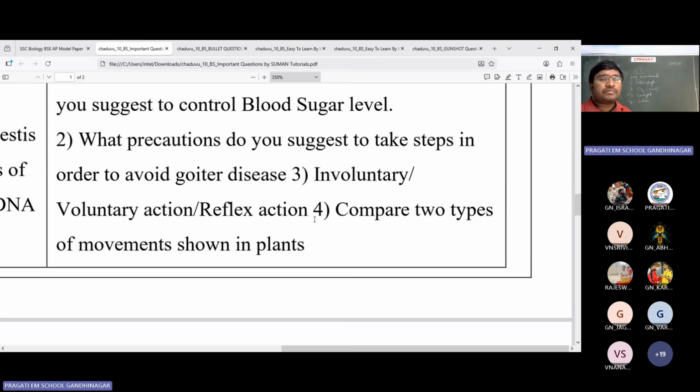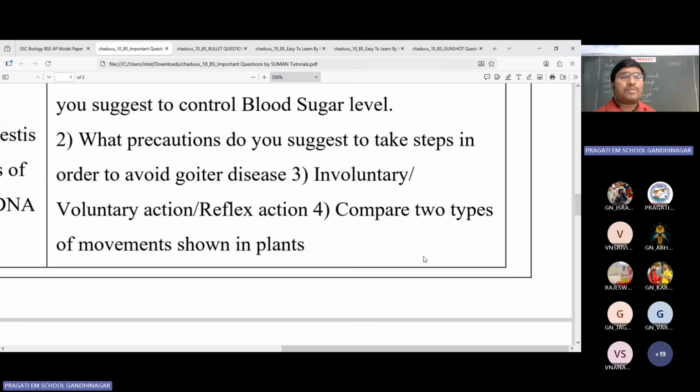Okay, next. Third one, involuntary or voluntary or reflex actions. Maybe it is differences, okay, or individual questions like that they may ask. And last one is compare 2 types of movement shown in plants. What are the movements which you have to write, children?